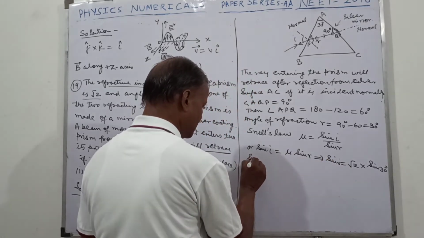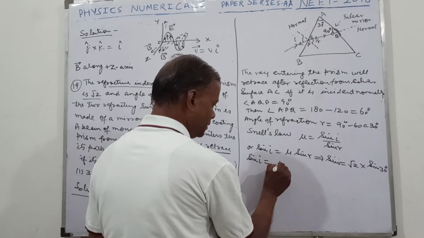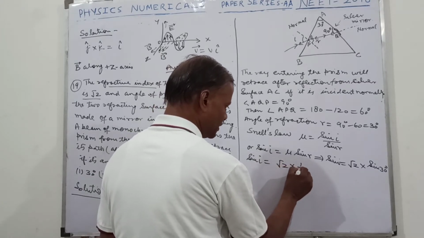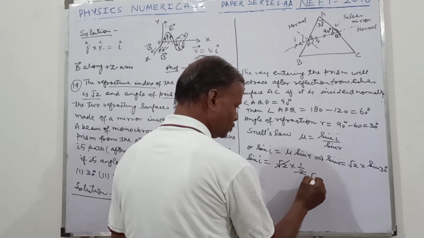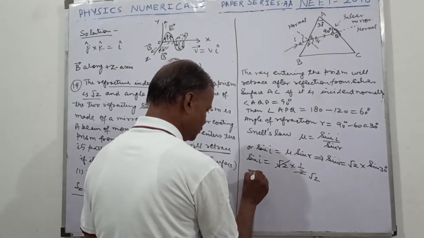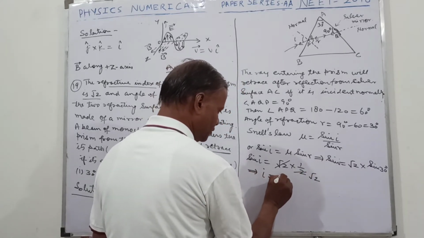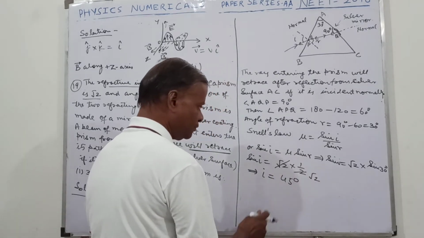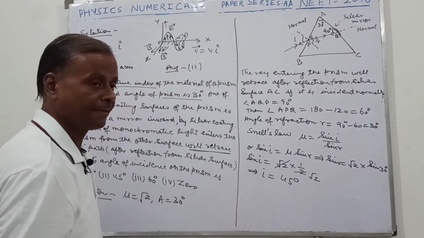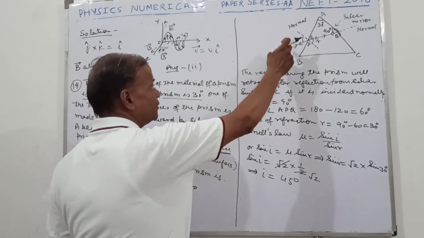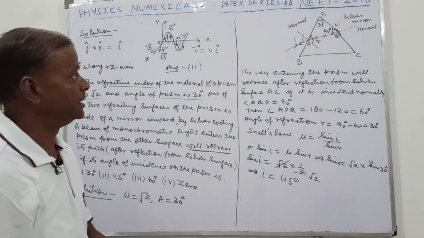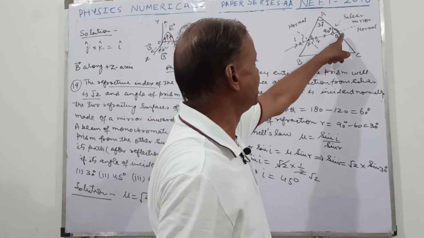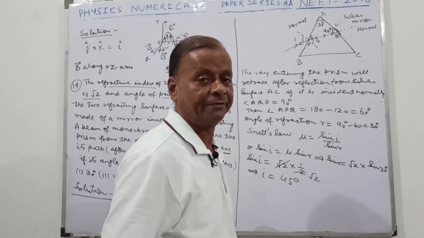So sin i equals root 2 into sin 30, which is 1 by 2. So sin i is 1 upon root 2, which gives i equal to 45 degree. This means that the angle of incidence must be 45 degree. Only then the light ray entering this prism will retrace its path after reflection.